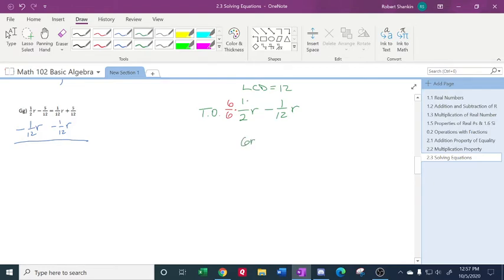Remember, the r can move up into the top because it's the same as r over 1. 6r over 12 minus 1r, which is r over 12. And now that they have common denominators, I subtract the numerators. 6r minus 1r is 5r over 12.